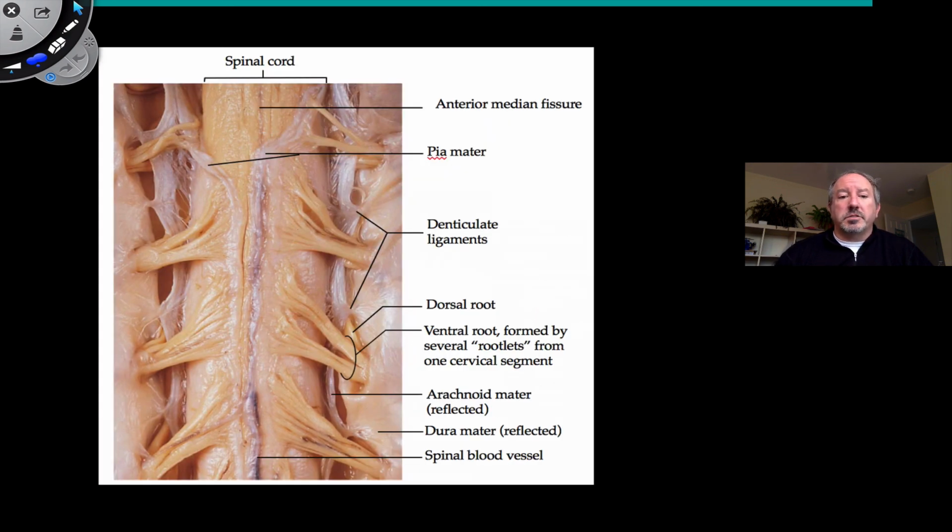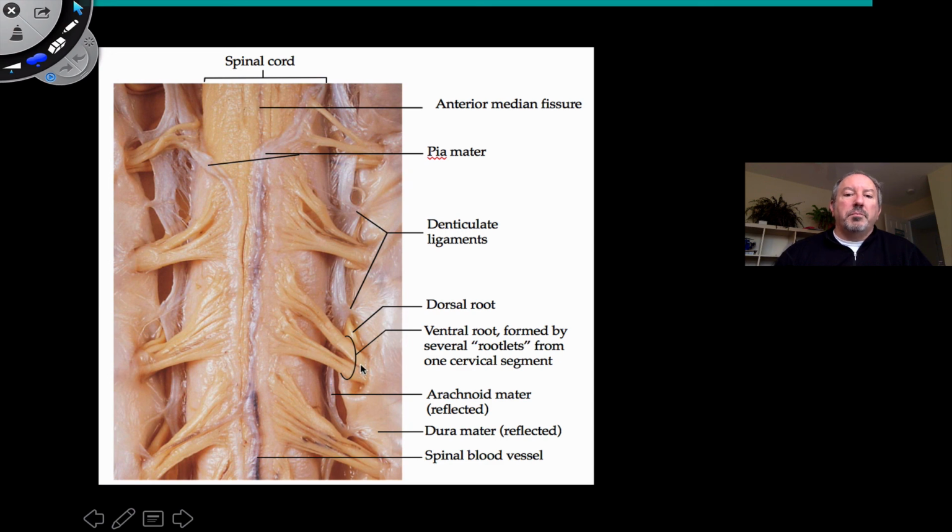Now this is an awesome view right here. Check this out. Here are the ligaments right here, an actual picture of the ligaments holding the spinal cord in place. Here's an actual look at the pia mater right in here. And here you notice the white connective fibers, collagen, right in here. Here's the median fissure right here of the spinal cord.